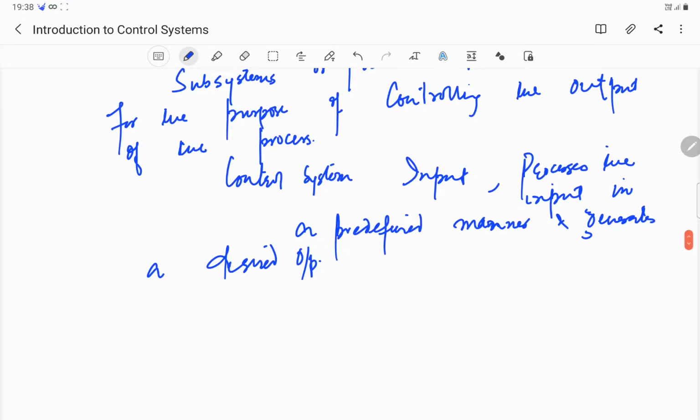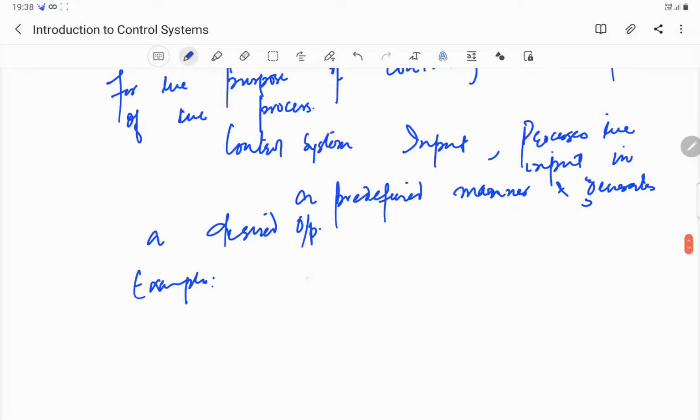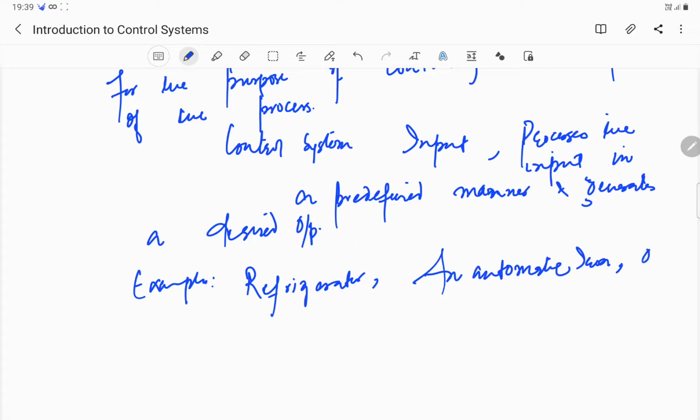Some more examples from day-to-day life are, for example, let us take a few examples: a refrigerator, an automatic iron, an electric geyser.